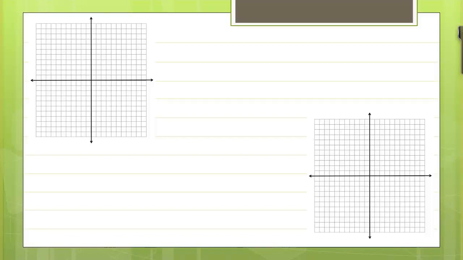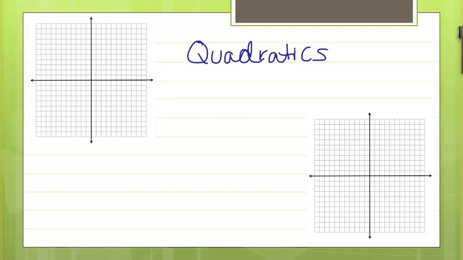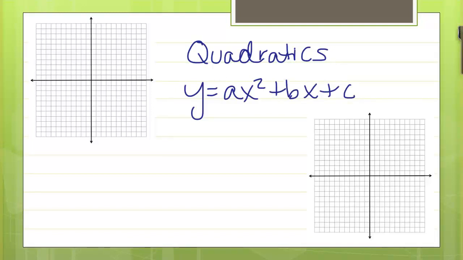Next we had quadratics. Spent lots of time on quadratics, standard form, or we can look at the parent function. But when we look at standard form, what did c do? What did that number on the end do? That was the y-intercept.